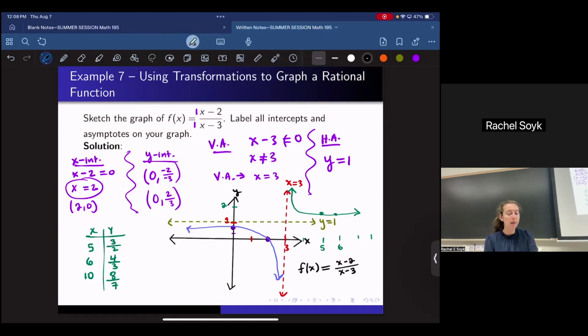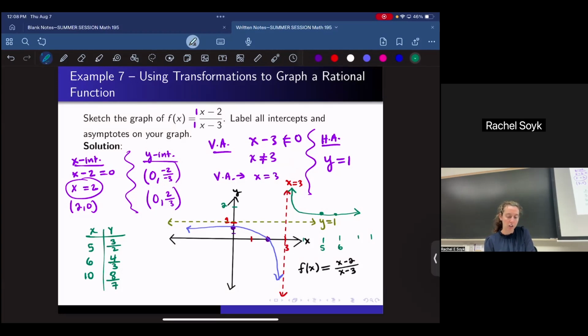So the table, I'm just choosing random values just because our intercepts fell on this bottom part of our graph. And so this one was sort of like invisible. And so what I did was, oh, we have a vertical asymptote here. Let me choose some values greater than 3. I probably should have chosen 4 as well, but I didn't.